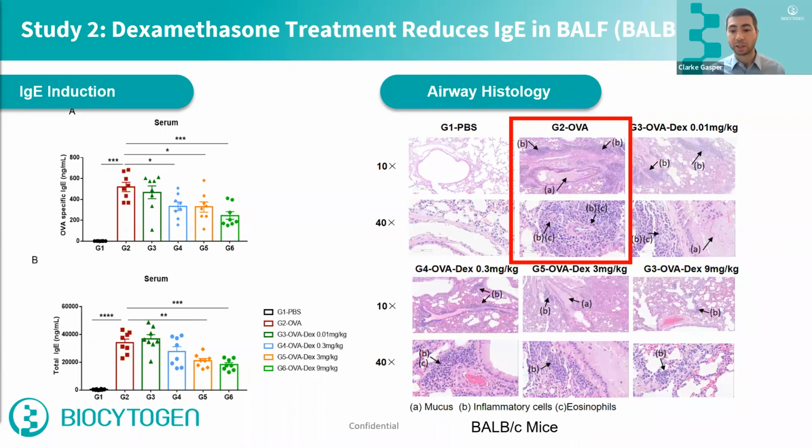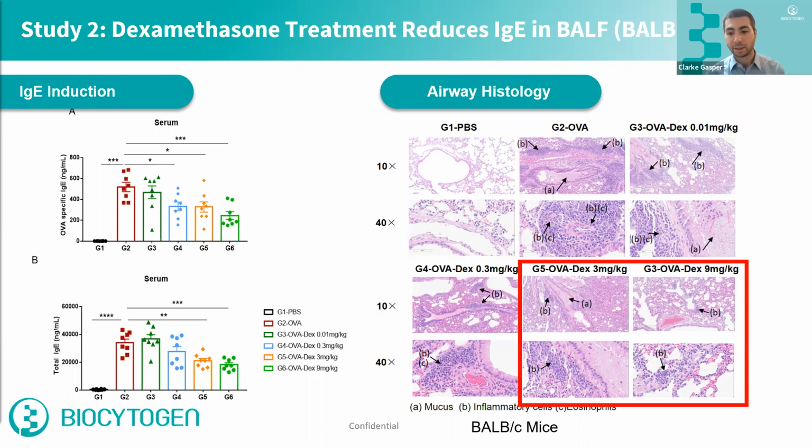And so this demonstrated successful modeling of the disease. And this study also showed that in higher concentrations of dexamethasone, there was a reduction in inflammatory infiltration and mucus secretion, demonstrating that this model can be used to test the efficacy of this corticoid steroid treatment.